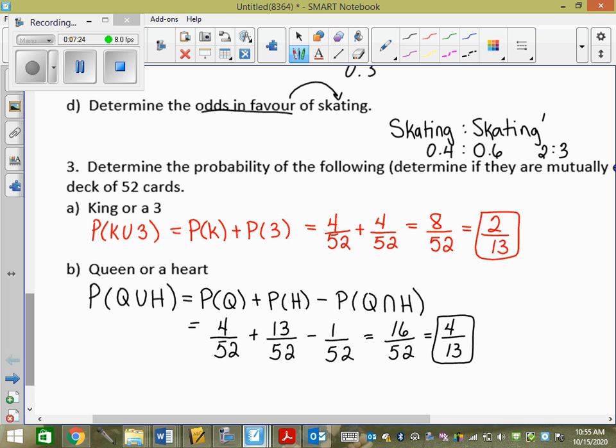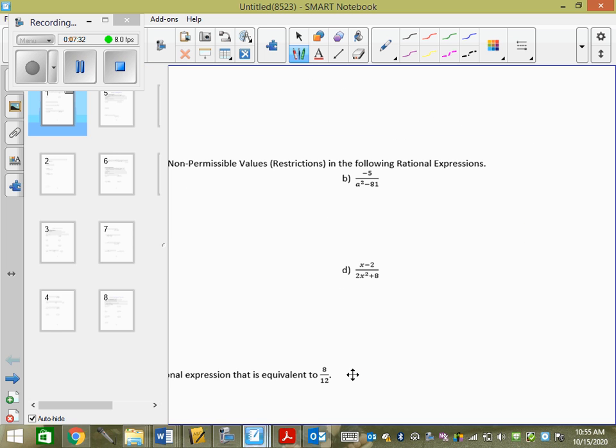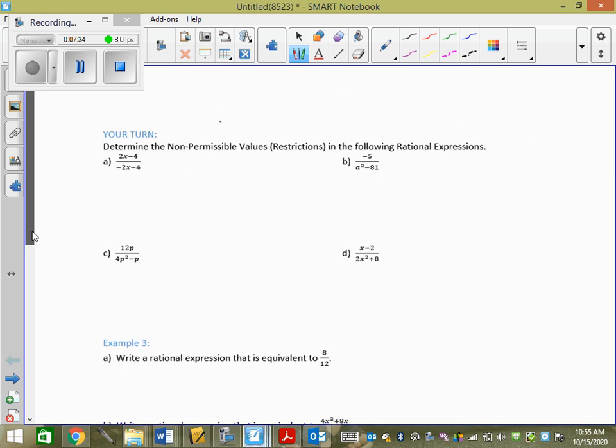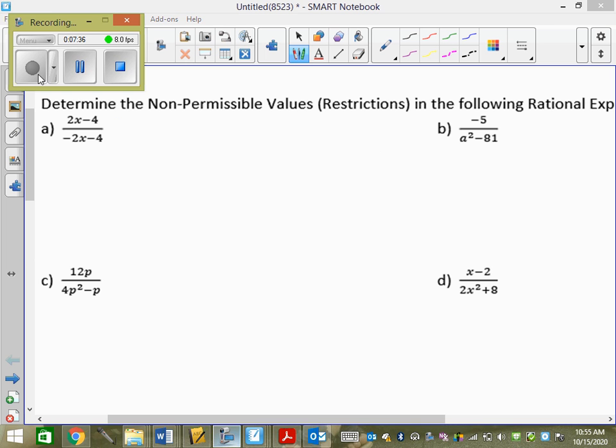Open up your rational notes, please. So we are here. We did these yesterday as your homework. It said to determine the non-permissible values. But what I said before you do non-permissible values is you first reduce the numerator and reduce the denominator by GCF or difference of squares.